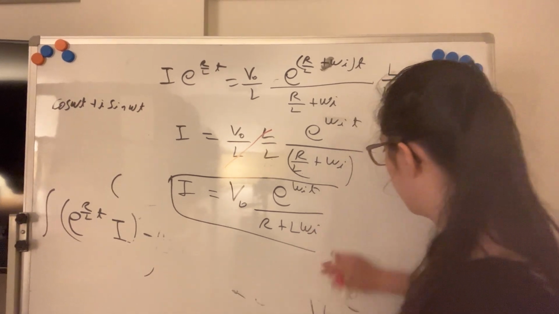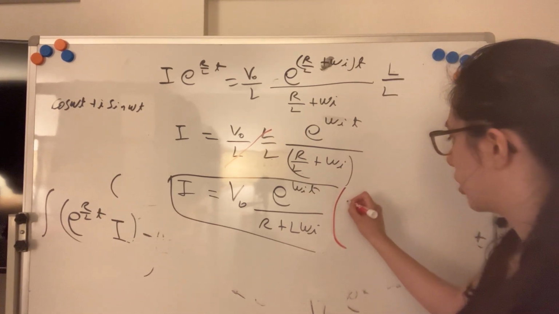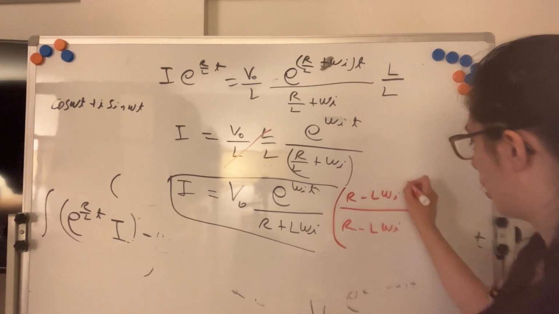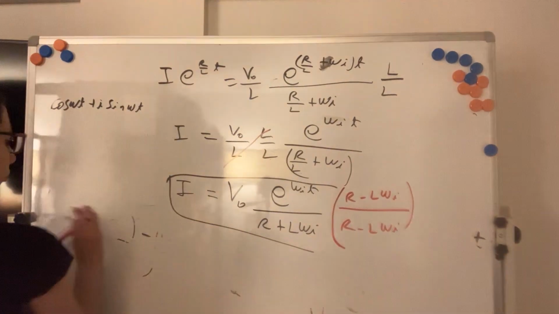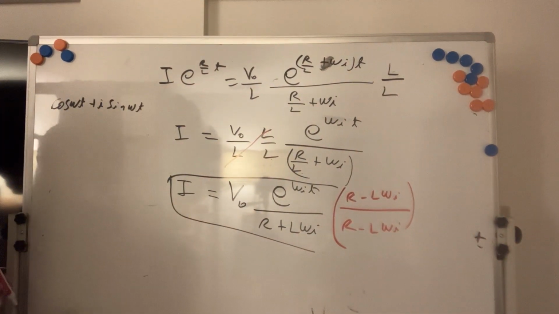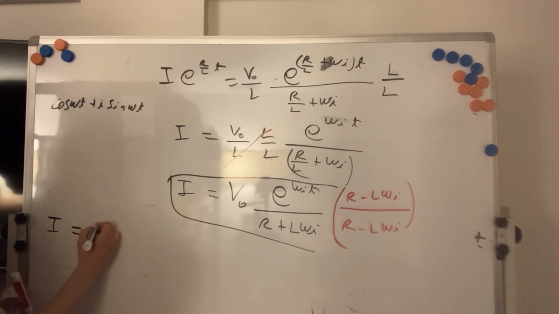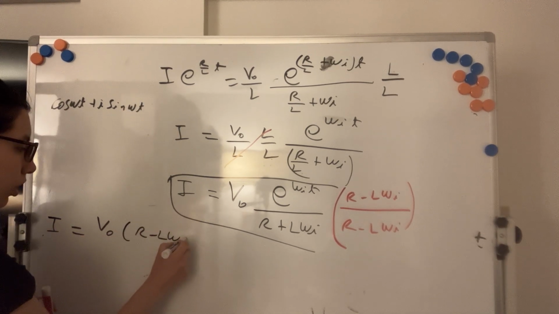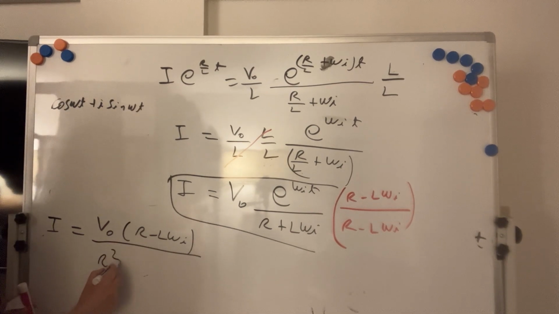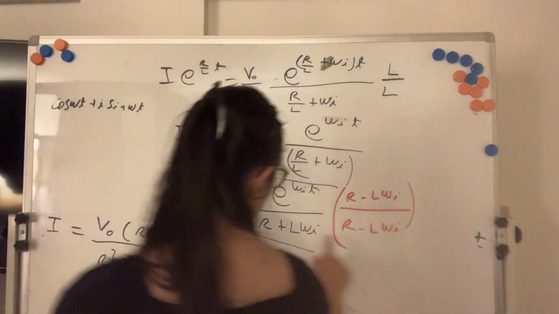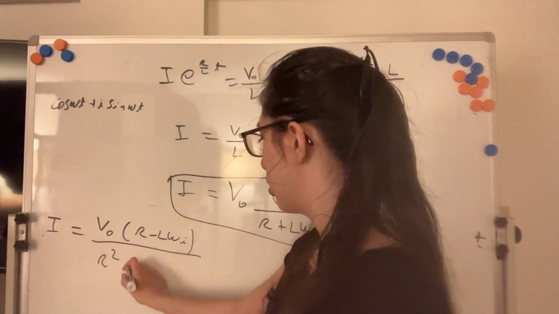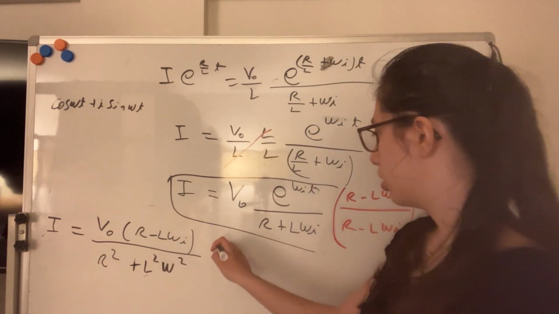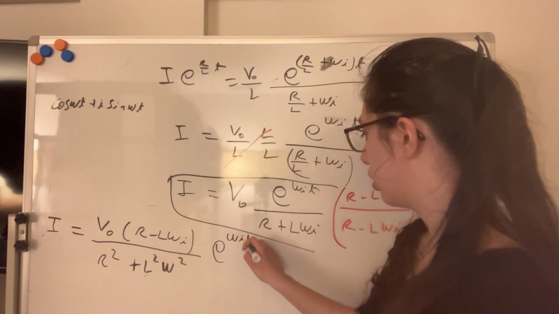So we multiply this by R minus L omega I. So I have that the current is equal to B times R minus L omega I divided by, this is R square, I square is -1, then this negative is plus L square omega square, and then times e to the omega I t.